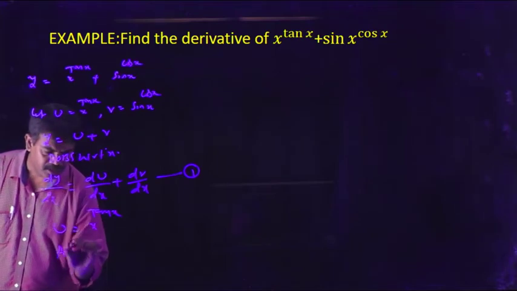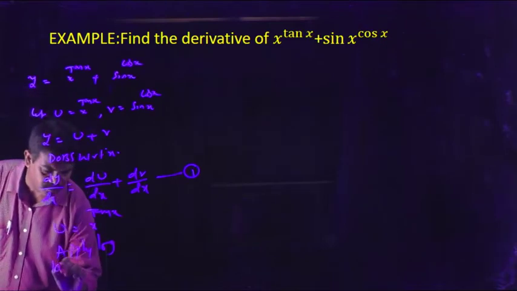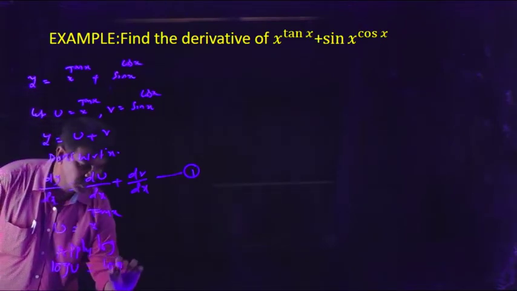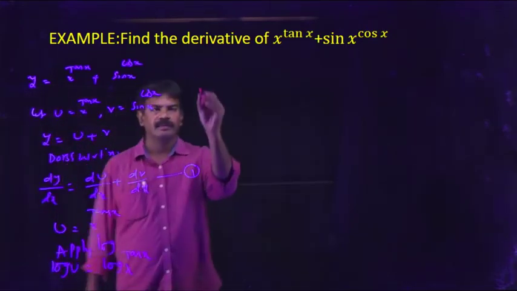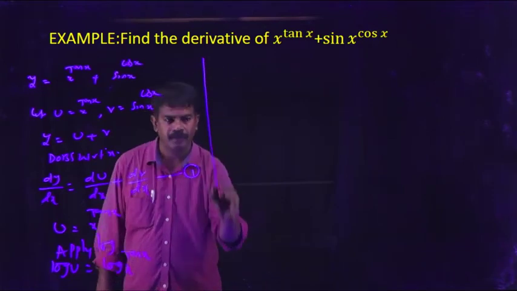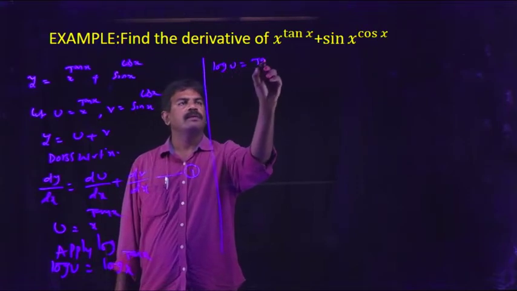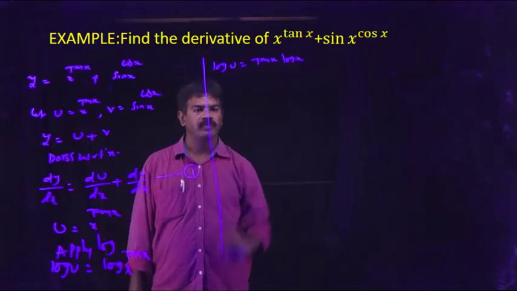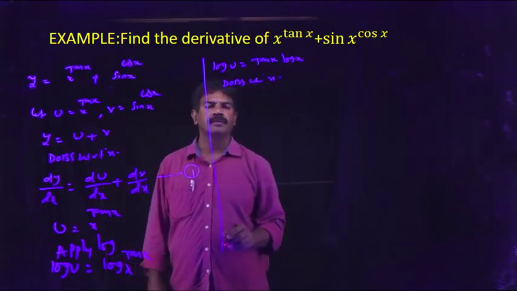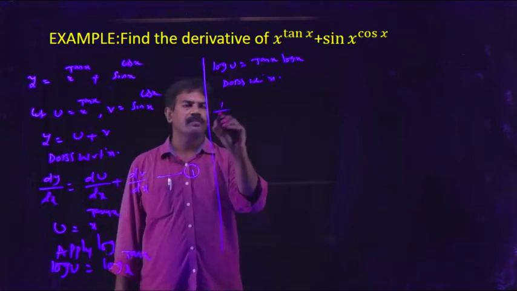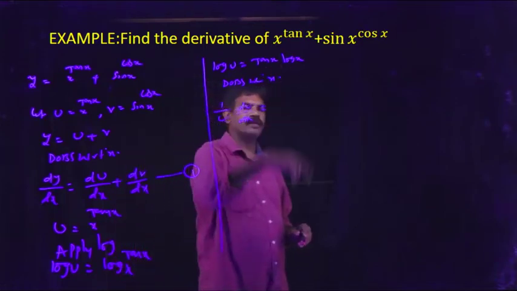Now apply log on both sides. Log u is equal to log x power tan x. So log u is equal to tan x into log x. Differentiating on both sides with respect to x. Derivative of log u is 1 by u into du by dx, that is equal to, apply here the uv formula.